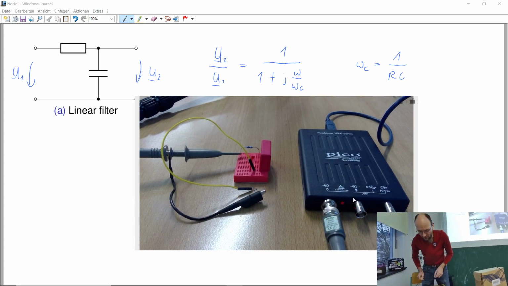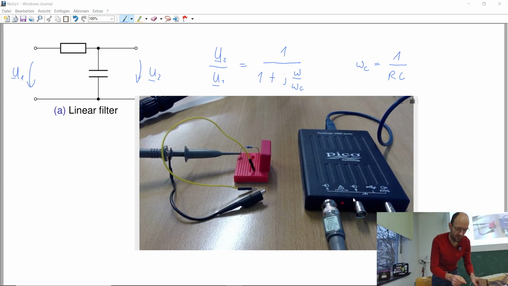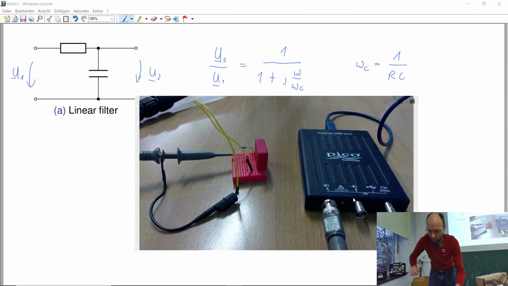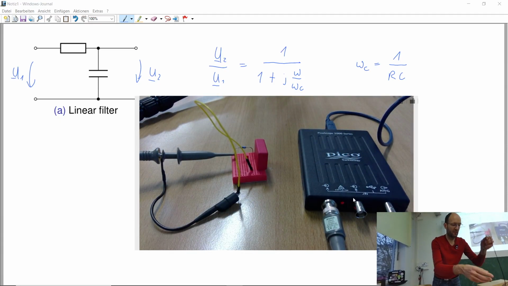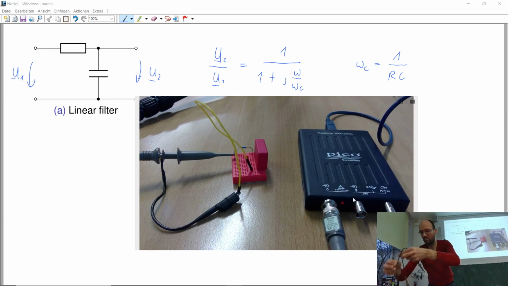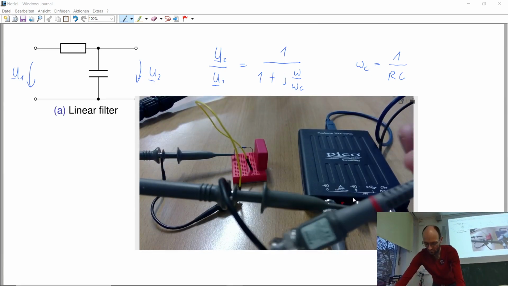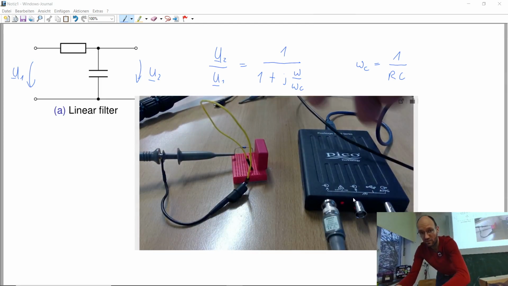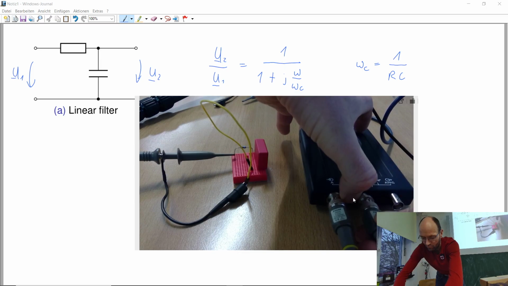Yeah, so this is connected to the input. This is just the ground. I could connect this here, right? And the second cable, this has red markings. This is what I will use to measure the output voltage.